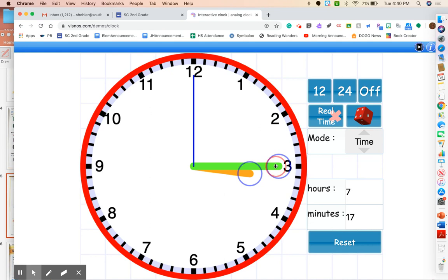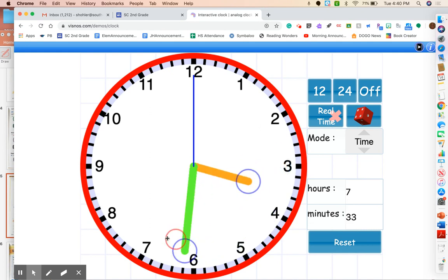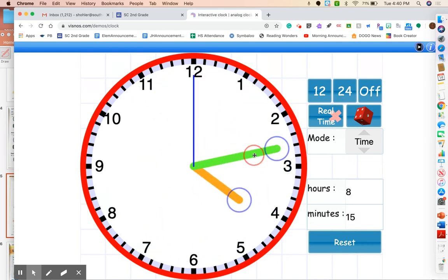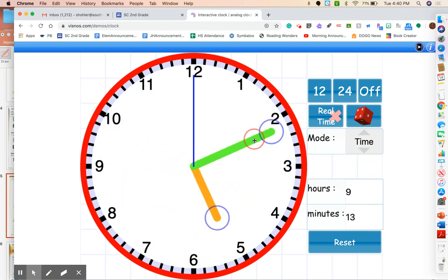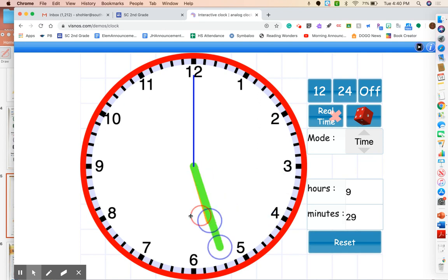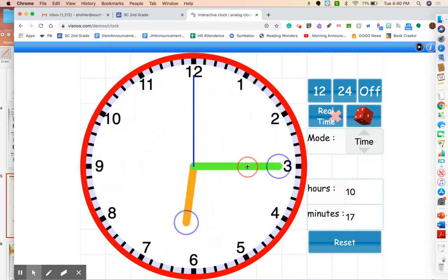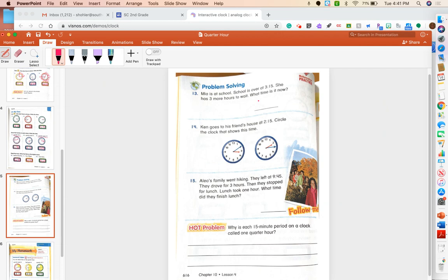And now we have to go 3 hours. 1 hour. 2 hours. 3 hours. What time does this clock say? If you said 6:15, you are correct. So we're going to write 6:15.